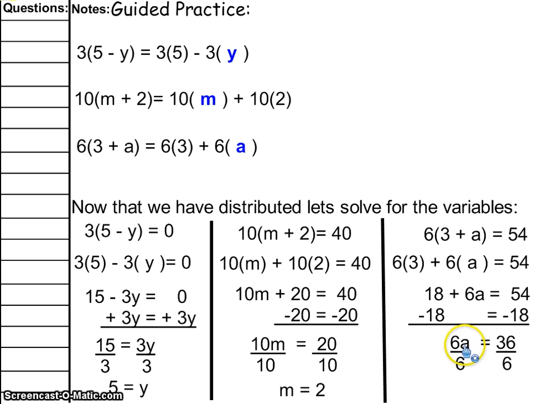And since our variable is being multiplied to 6, we're going to divide by 6, and we're left with a equals 6. Again, put that answer back into our problem. 3 plus 6 is 9, and 9 times 6 is 54, so it checks out.